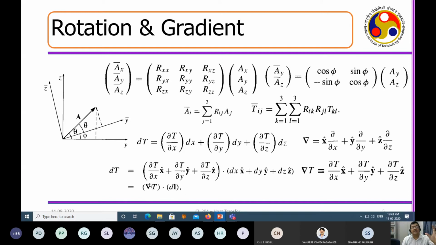So if you really think about the change of temperature across the space, and if you look at the position vectors associated with the three-dimensional space, if you do a dot product between these two, you are able to get the total change in the temperature across the space. So this is the reason why we were studying these dot products, because it gives me the driving force associated with the heat transfer.